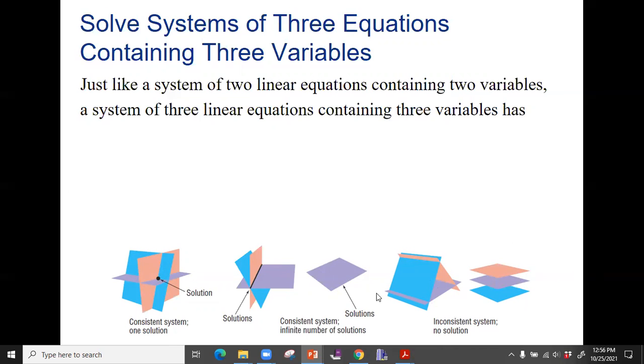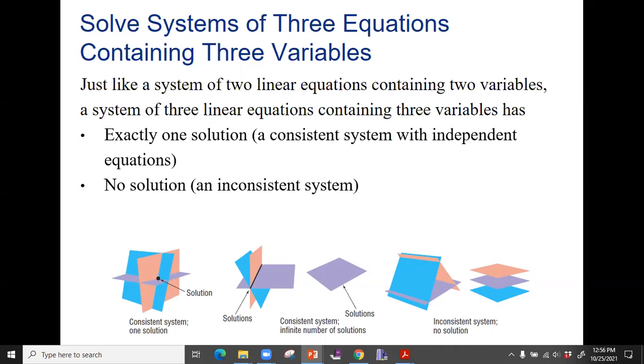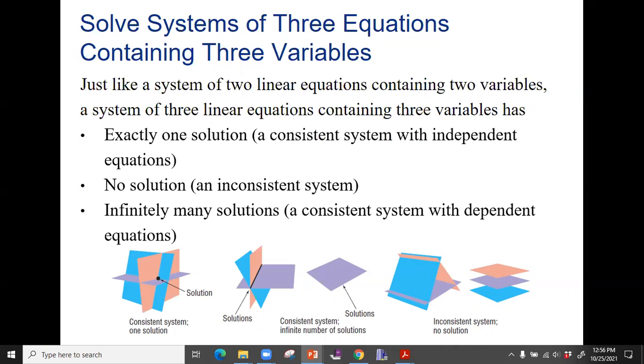Okay. So you still have the same things that we talked about with linear. It applies to plane systems. Okay, cool. So those are our things. One solution, no solution, infinitely many.